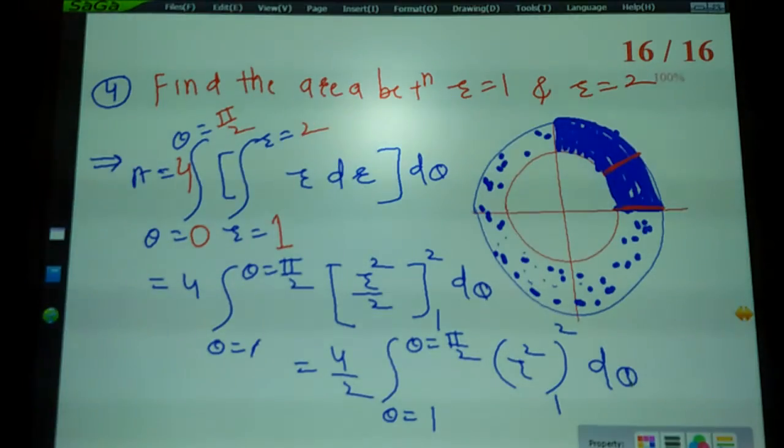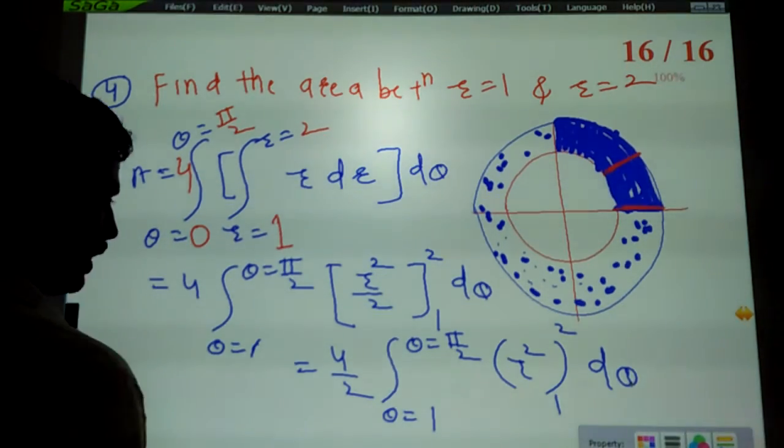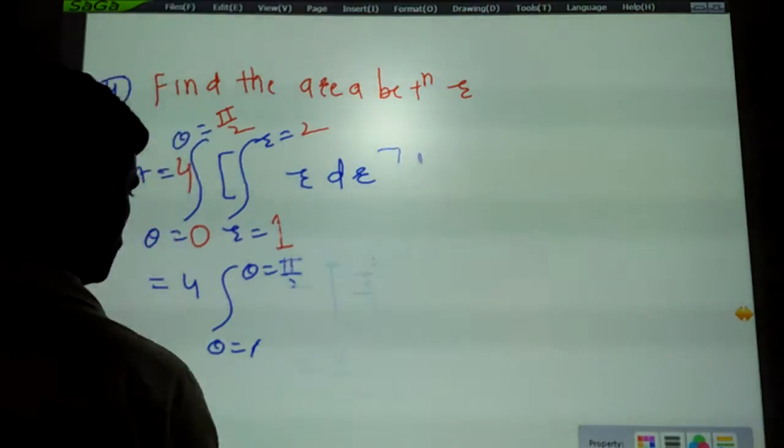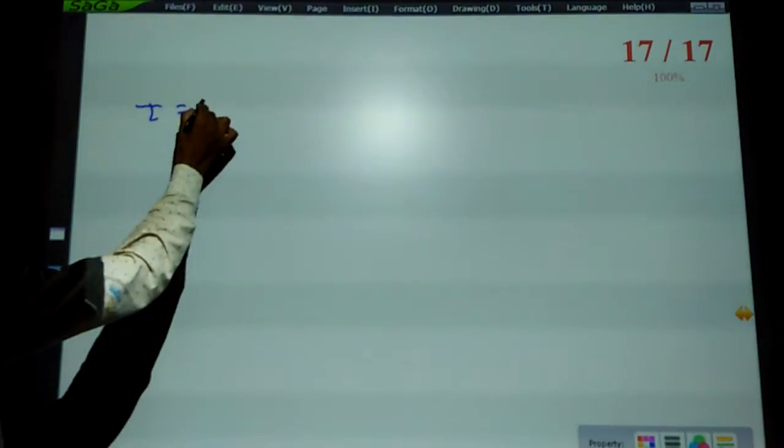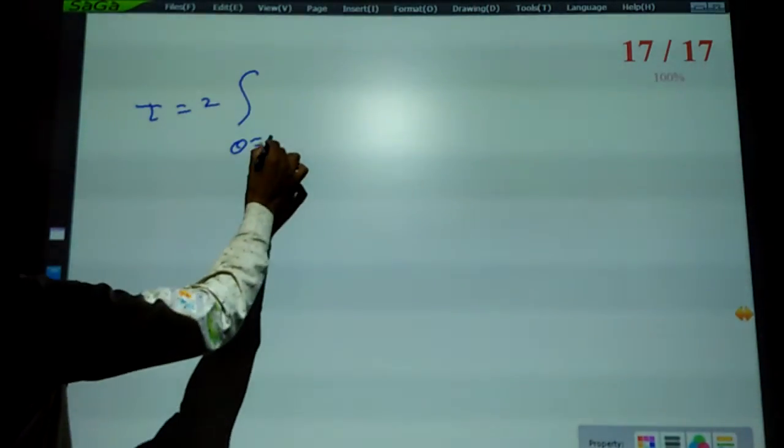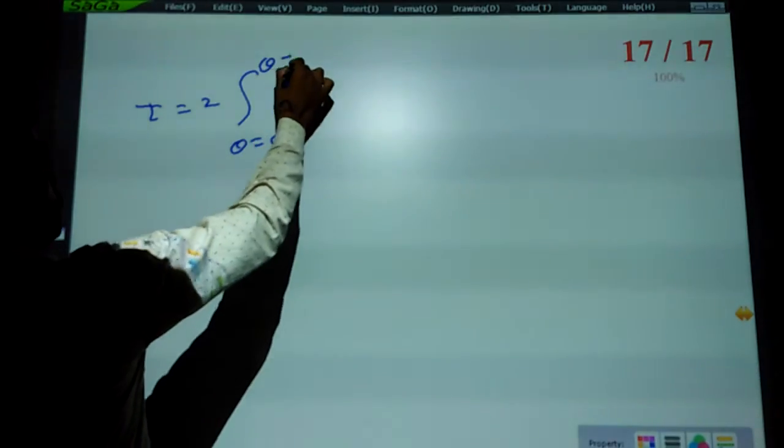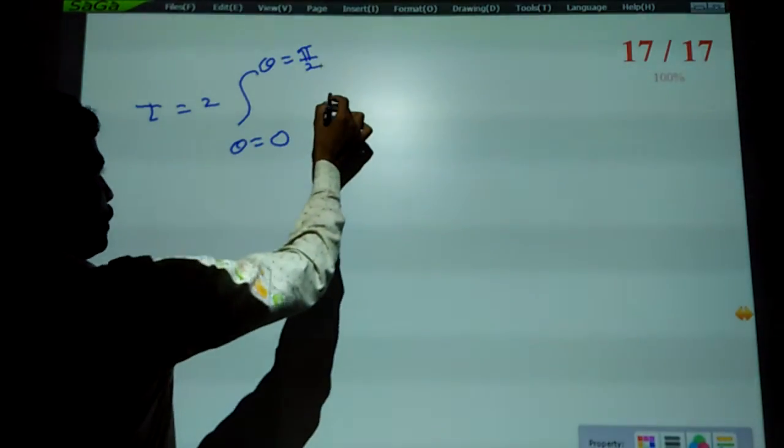Instead of r square, put upper limit minus lower limit. Upper limit is 2, lower limit is 1. 4 by 2 is 2. Hence 2 into integral of theta from 0 to 5 by 2.